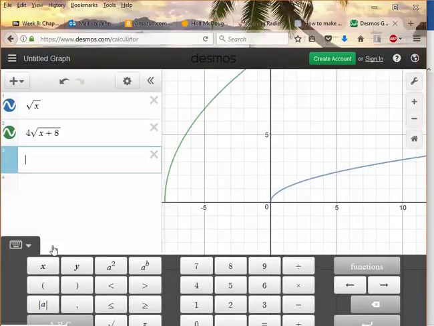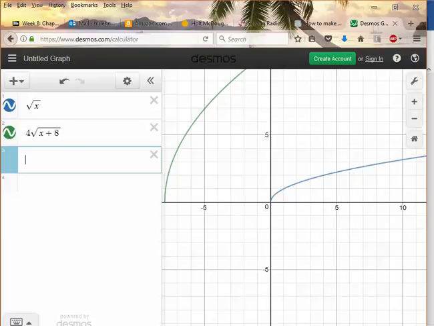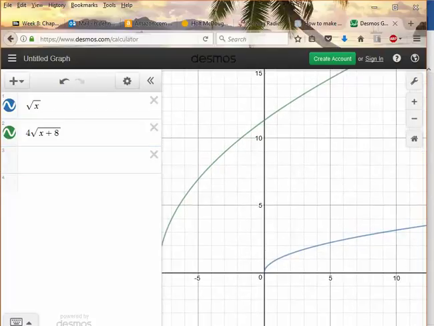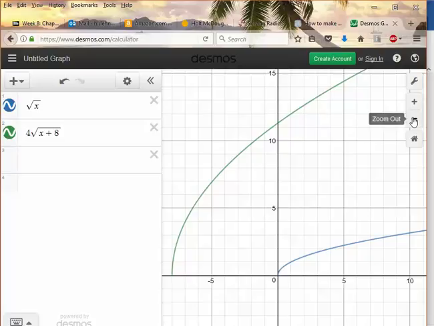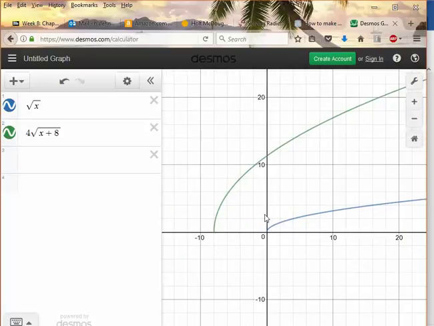I'll hide my keypad so I can see what I've got going here. All right, let me zoom out just a little bit. We can see that it definitely did move to the left, and I'm going to assume that it moved 8 units to the left because it's a plus 8. And the 4 has stretched this thing out.